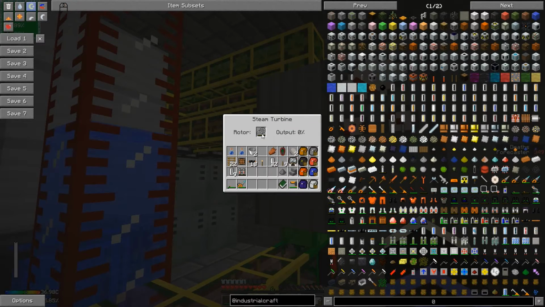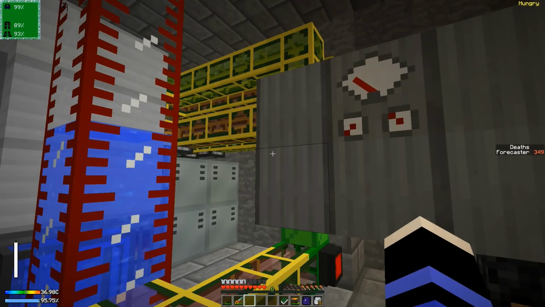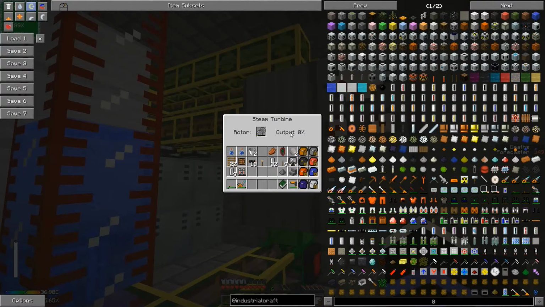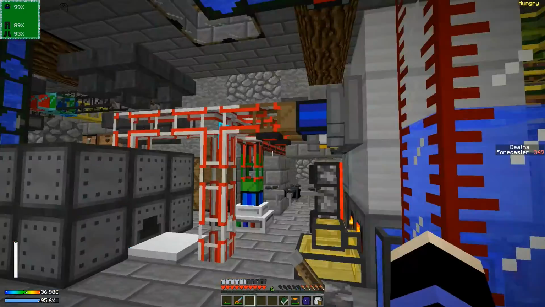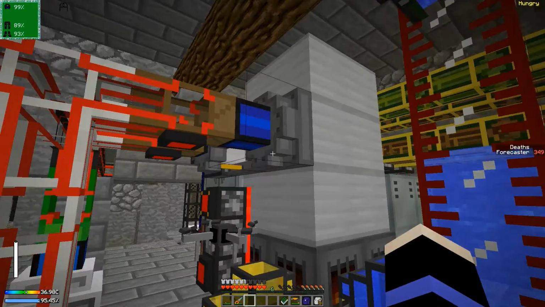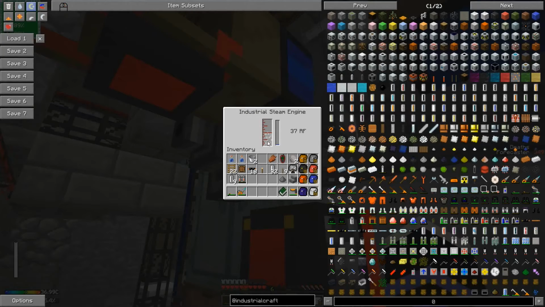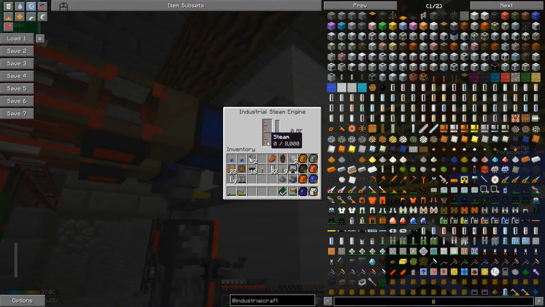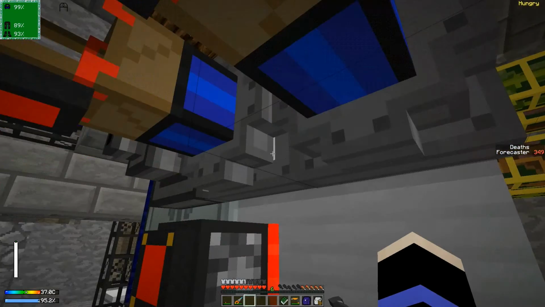Should be plenty of the rotor left once we start getting some steam over here. I think it will want to fill these engines up first, I guess. I guess it will fill them up in order, maybe?